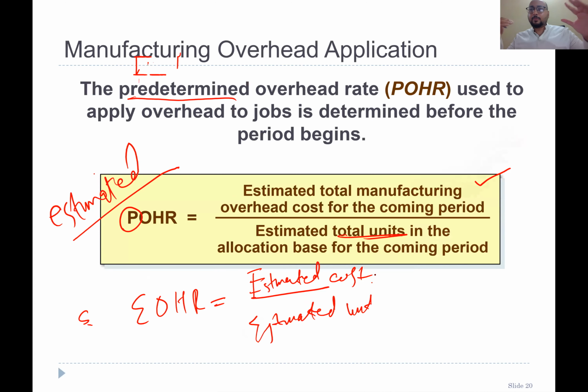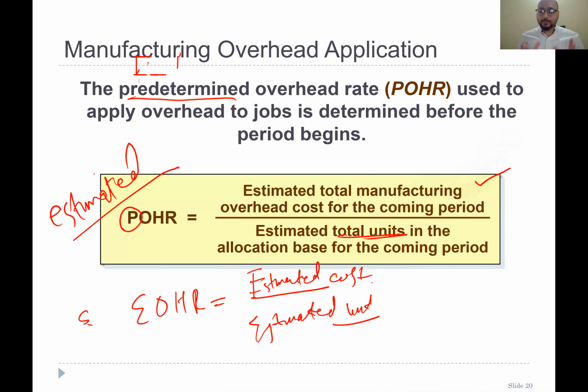In manufacturing overhead jargon, we call this denominator allocation base or cost driver, right? This is just the language of managerial accounting, so don't get confused with this word. You understand how and why we calculate the predetermined overhead rate, right?